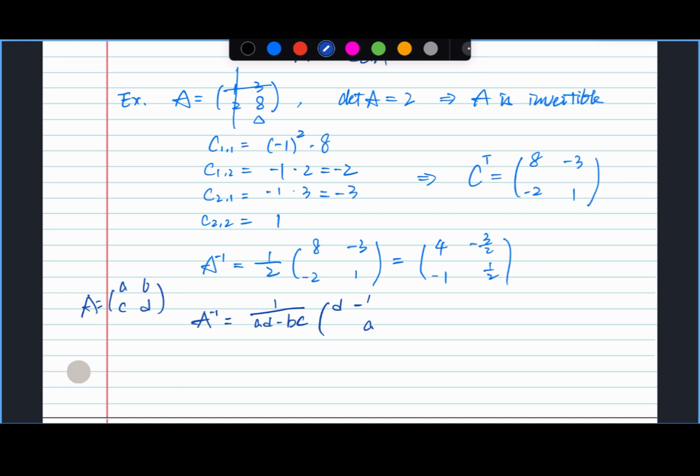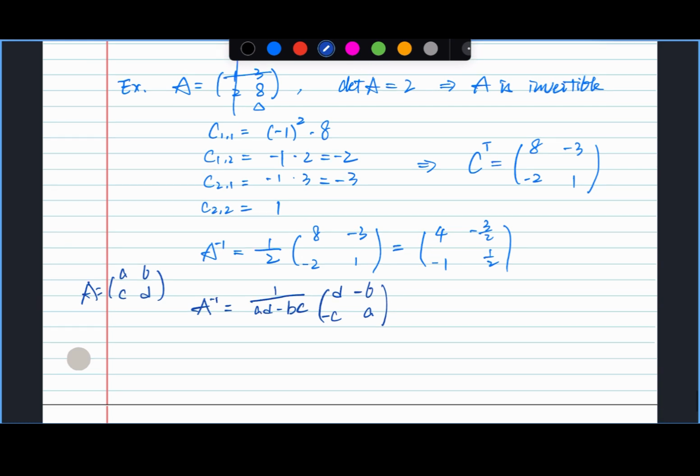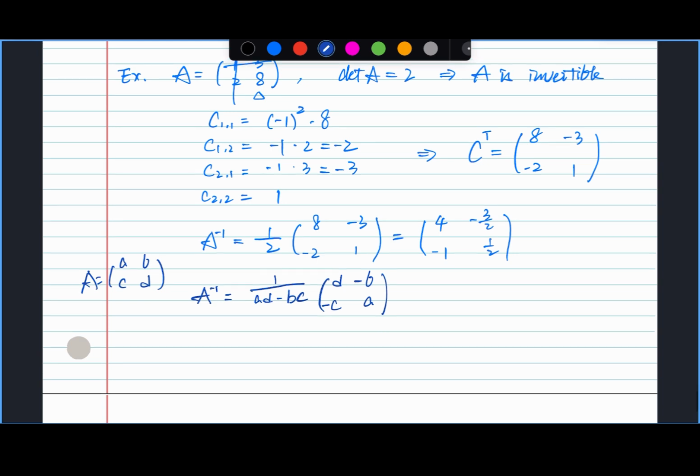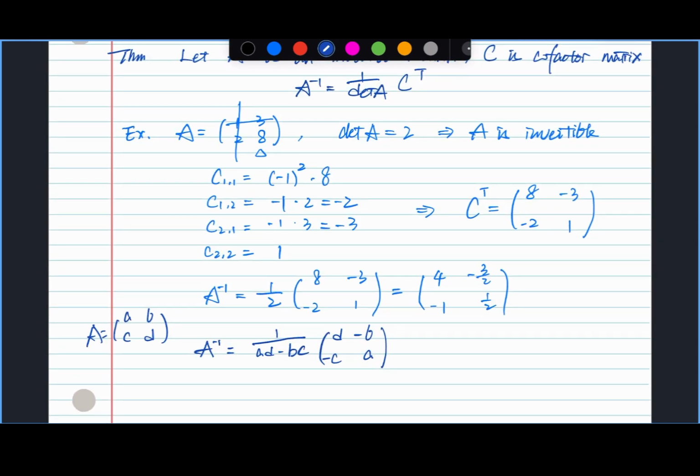I see. And then after the transpose, B and C are in place.